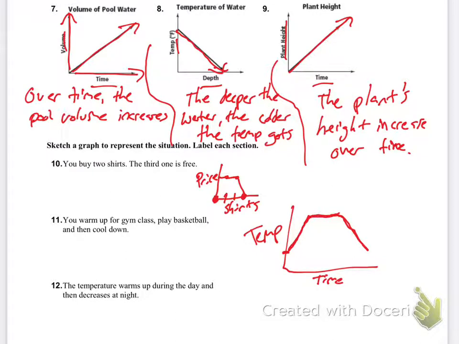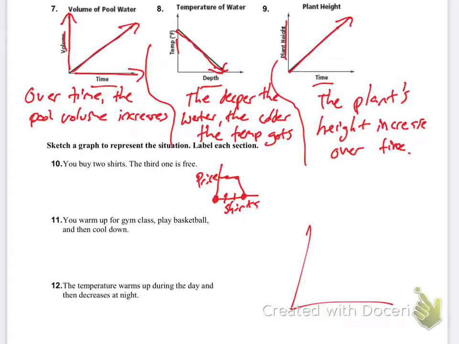All right, and then 12. Let me erase this last one so I have some room. All right, so the temperature warms up during the day and decreases at night. My y-axis, I'll put temperature, and then I'll do time of the day, or you could do hours or something like that.